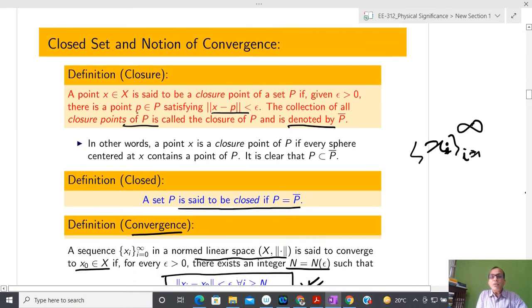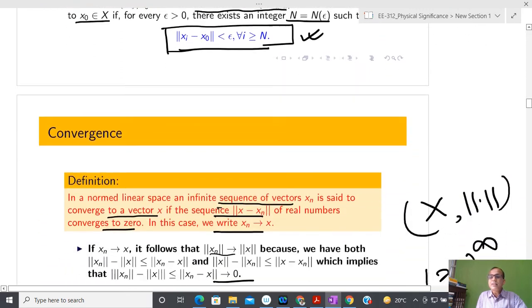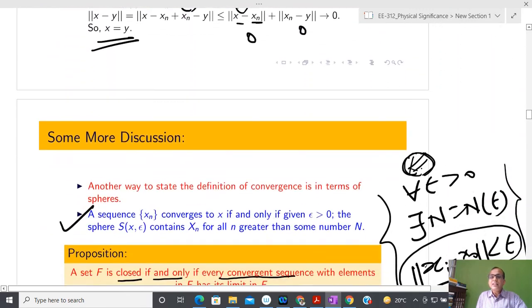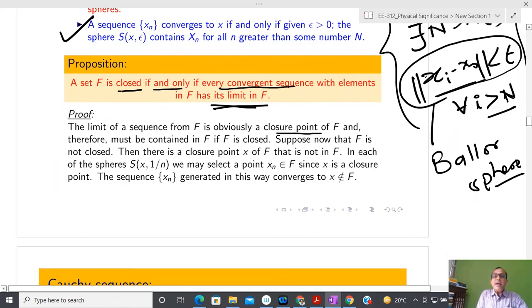You can interpret x as a limit point x0 and p as all the points of the sequence. It is possible to show that this relation will always be satisfied, and due to that reason, if F is closed, then every convergent sequence with elements in F has a limit in F. That is obvious from the definition.